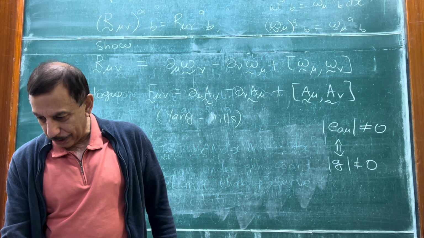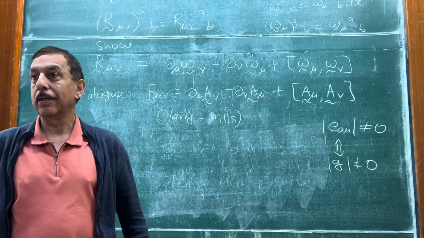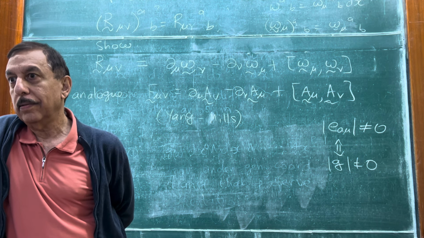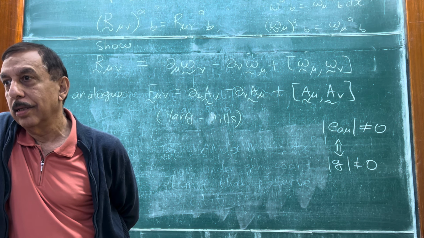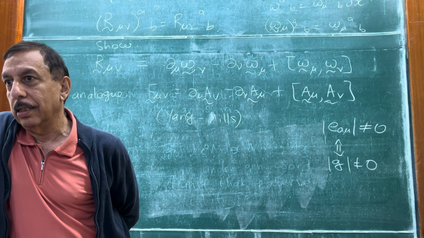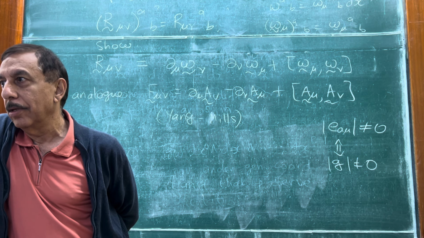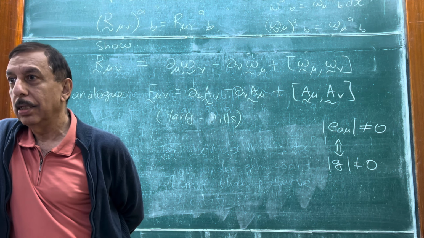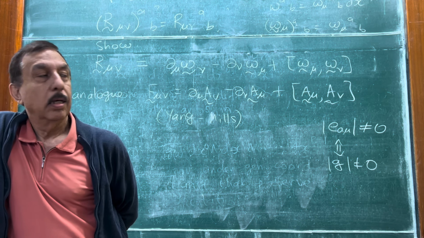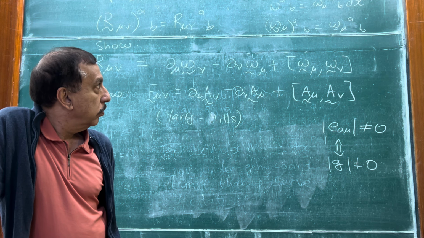Okay, so yes. Because we have a relation between omega and E, why could we not say that omega is the fundamental object and we write E in terms of omega? We actually can't, I think. Can we? We could invert the relation and then say omega is the fundamental object.